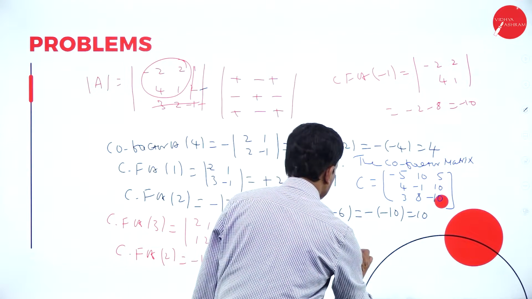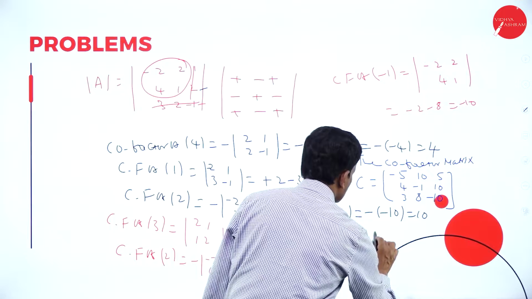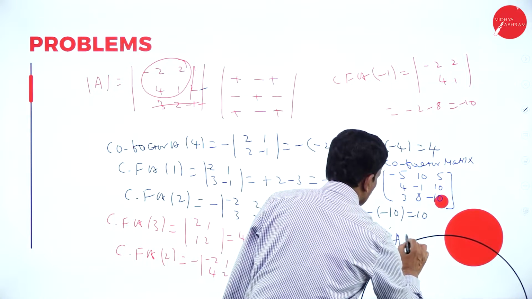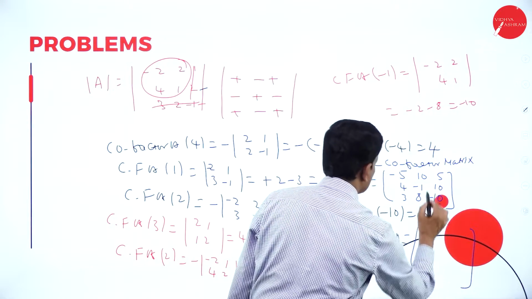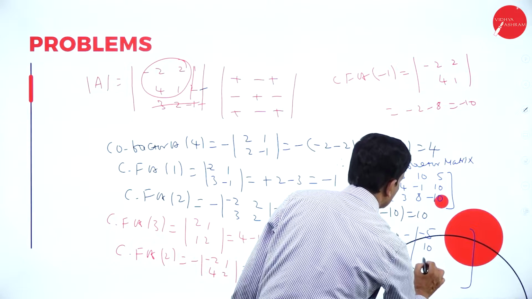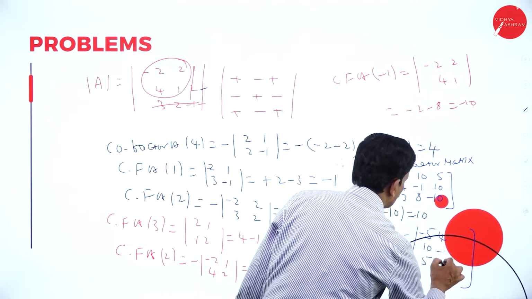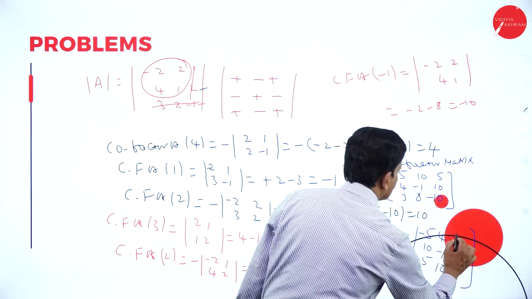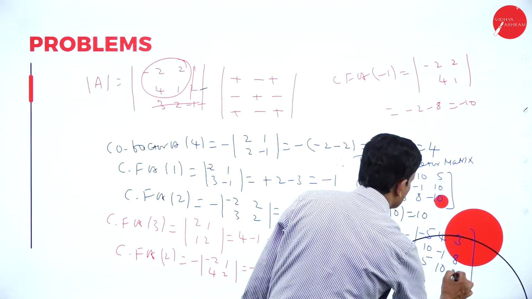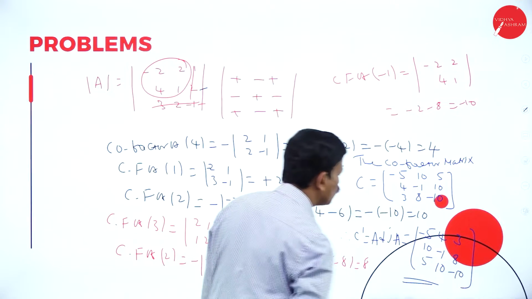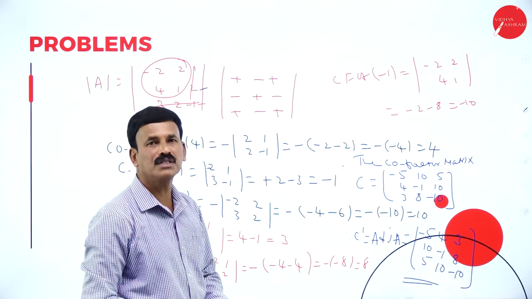Therefore, the adjoint of A is given by C dash, which is equal to the transpose of this: minus 5, 10 and 5, 4, minus 1 and 10, and 3, 8, minus 10. These are the adjoint.